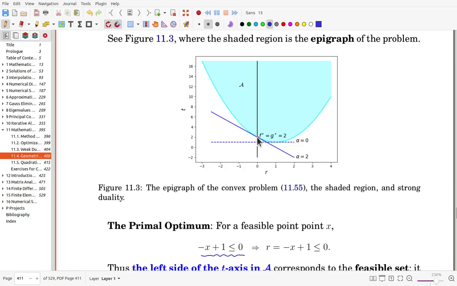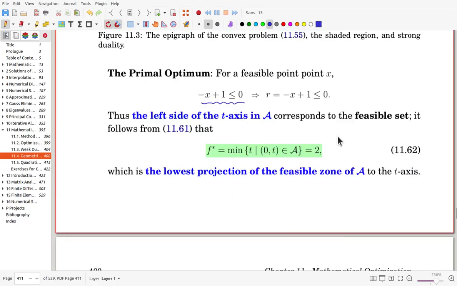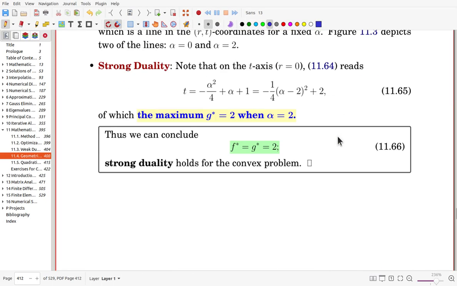And in this case, the maximum value must be 2 here, g star. So we have this conclusion. f star is the same as g star, and the value is 2. So that's the conclusion, which means this problem holds the strong duality.